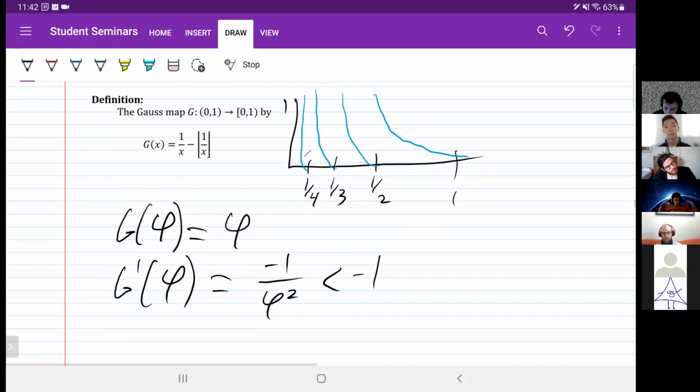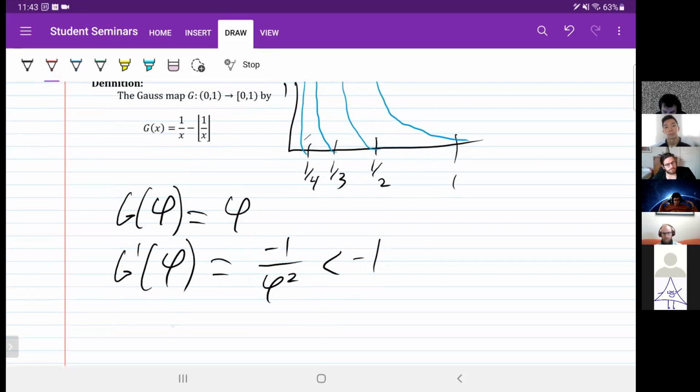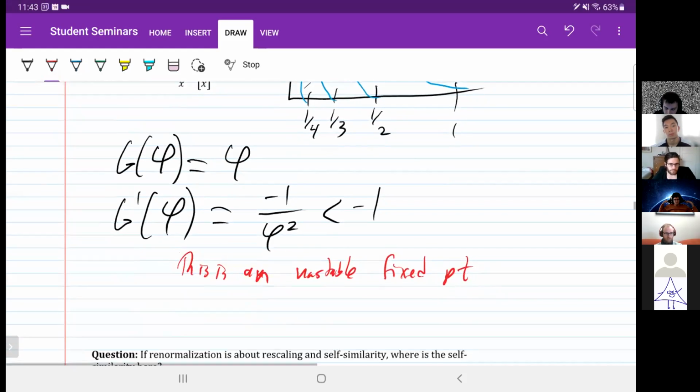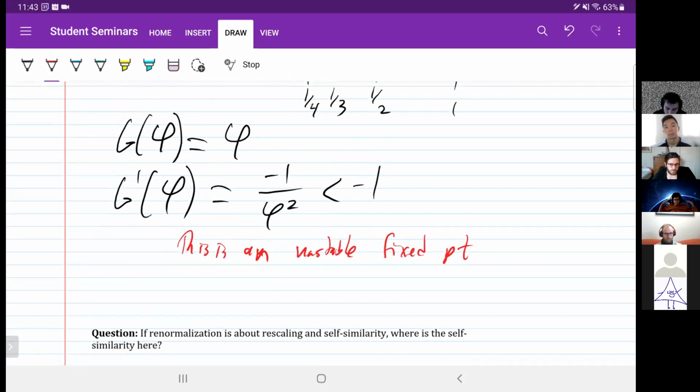So in particular, this derivative is less than -1, and so in dynamics notation, this means that this is an unstable fixed point. This is an unstable fixed point in that if I start near it, I will very quickly move away, exponentially fast. Okay. So I explained this is some self-similarity in these combinatorics.